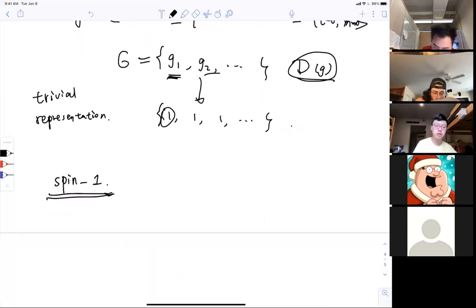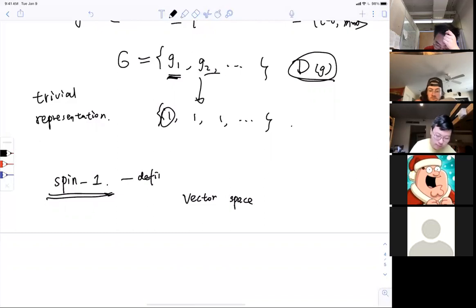Okay, so in this case, you have L equal to 1. By the way, this is why we also call this representation the defining representation for the SO(3) group.